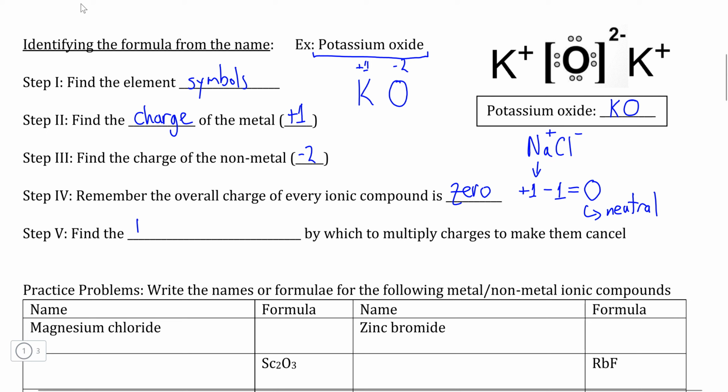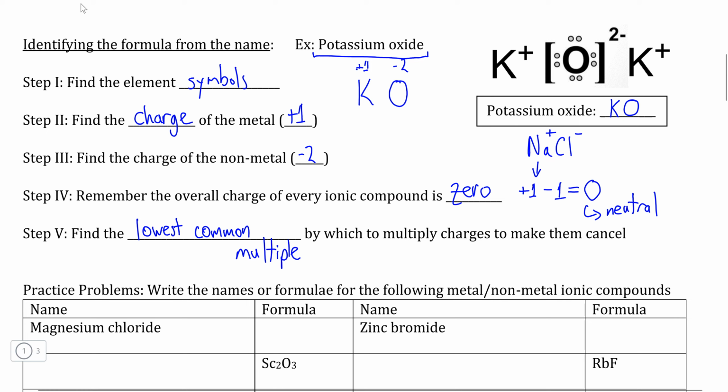And then what we need to do is find what we call the lowest common multiple between the two charges. In other words, we need to find a common number that we can get by multiplying these two numbers together. So 1 times 2 is 2, obviously. So what number do we need to multiply positive 1 by in order to get to 2?